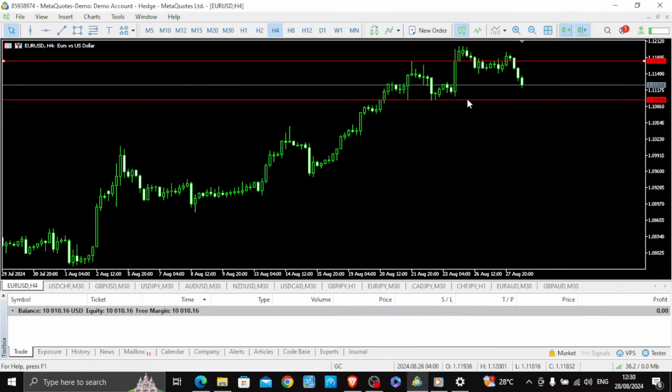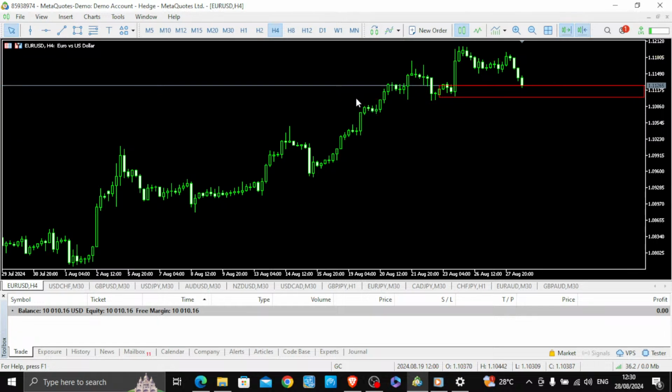So here we have, look at these areas from here. They're going to be our area of interest. So we'll be watching this market now. This is on 4 hours. This is a support or demand zone.